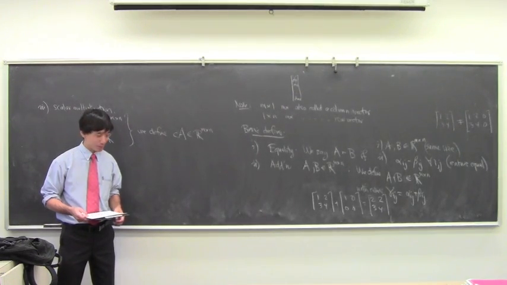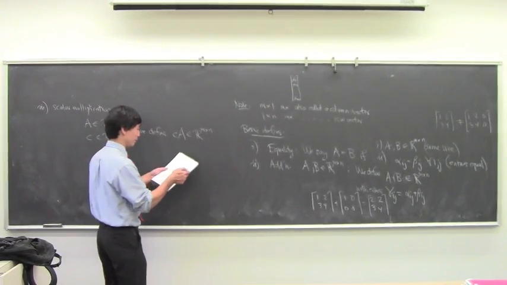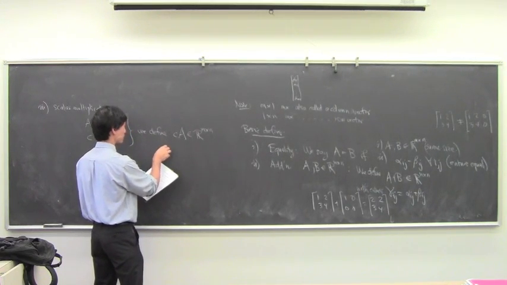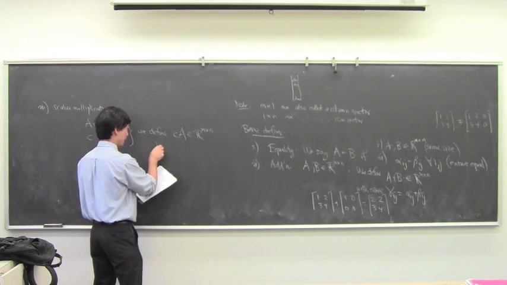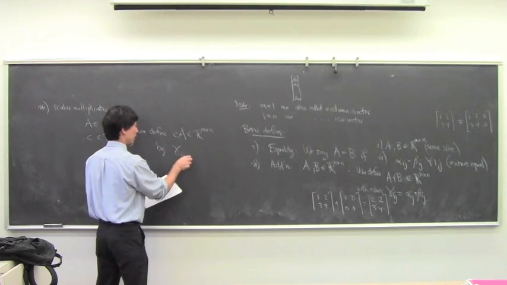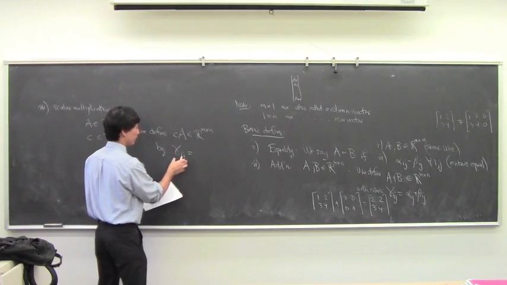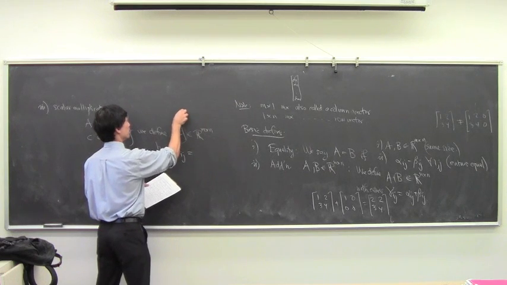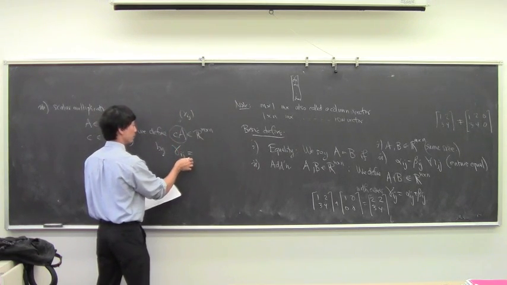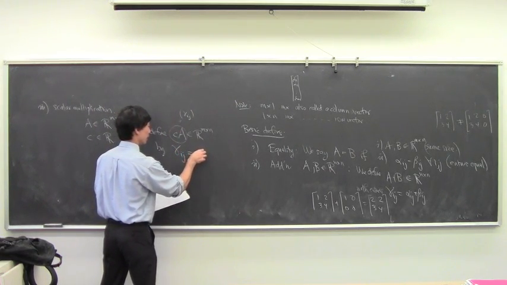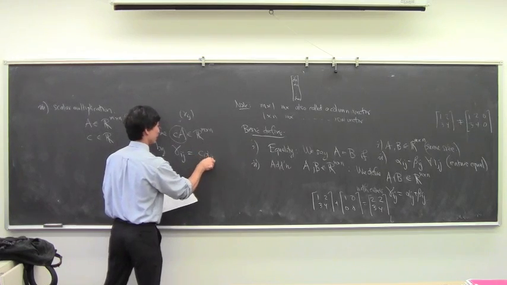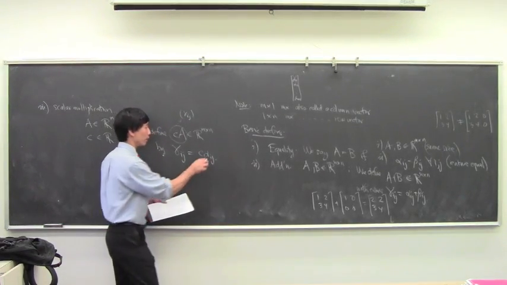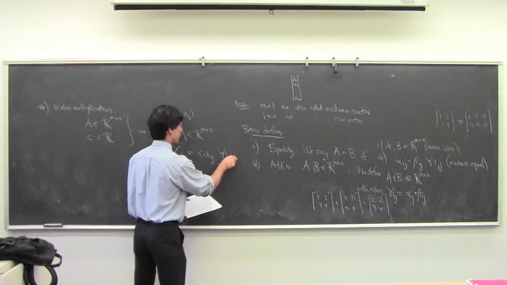Just multiply all the terms by the identical number. So let's say this thing is gamma ij equals C alpha ij, for all i and j.